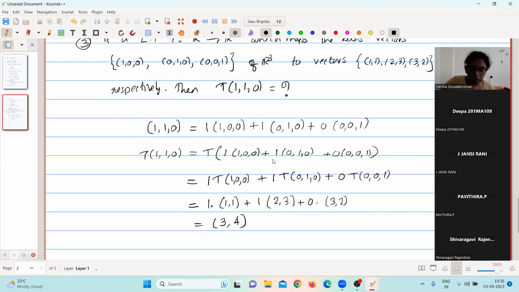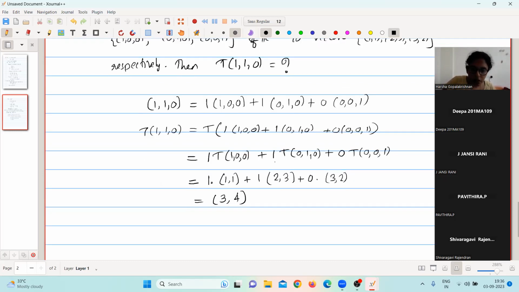So in general, for one particular point, we got the value. Now, I am asking you how we can find T of (x,y,z). I don't know what x, y, z is. I want to find the value of T at the general point (x,y,z). How can we write it?